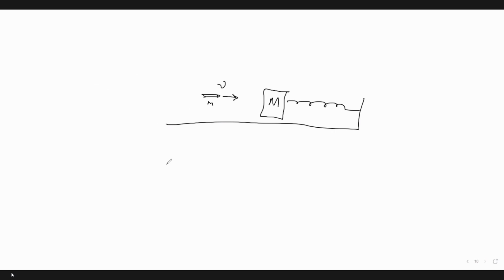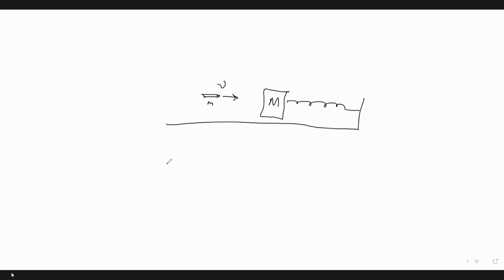Okay, so what is it they actually want to know? The impact compresses the spring a maximum distance of 15 centimeters. Oh, that just tells you what K is.